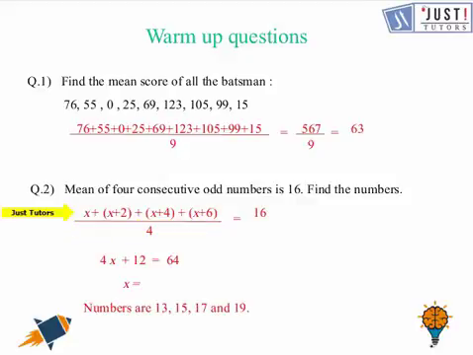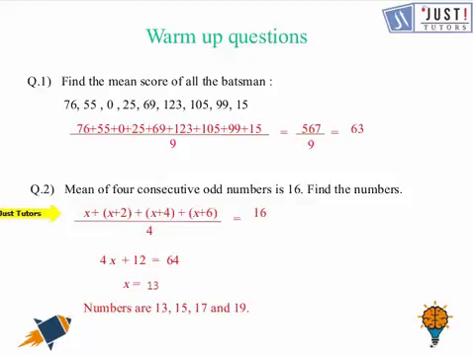We add them all together and divide by the number of observations, which is 4, and this equals the given mean, which is 16. We solve the equation, and the value of x is calculated as 13. Now the numbers we have are 13, 15, 17 and 19. These are the 4 consecutive odd numbers which will give us the mean of 16.